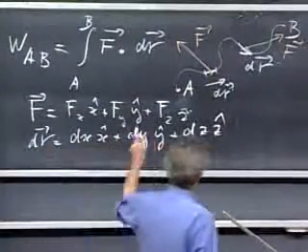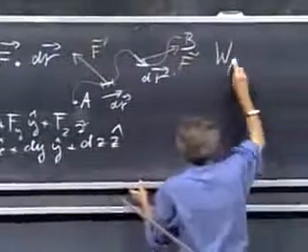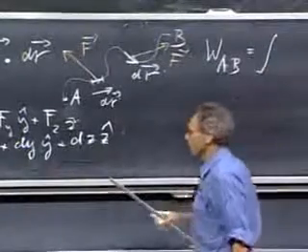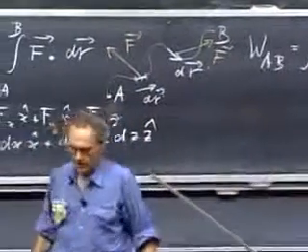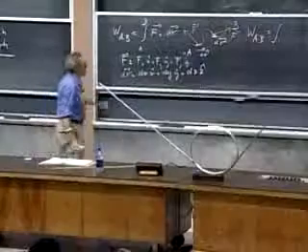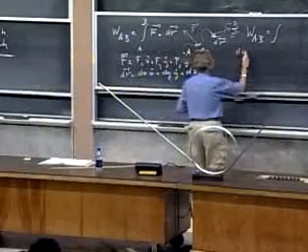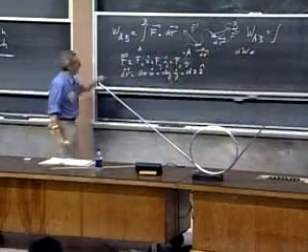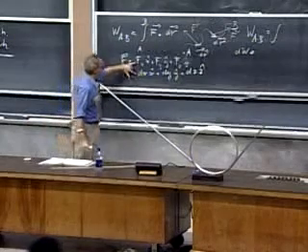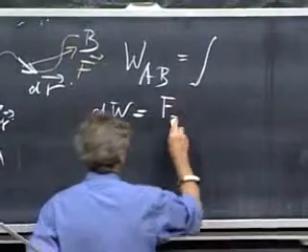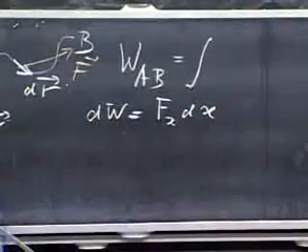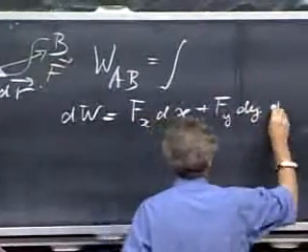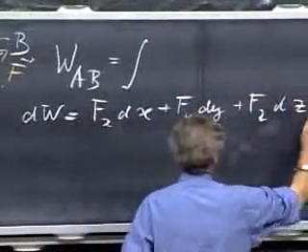So the work that this force is doing when it moves from A to B is the integral of this F dot dr. Let's first take a small displacement dr. Then I get dW, that is simply Fx times dx, it's a scalar, because this is a dot product, plus Fy dy, plus Fz dz.